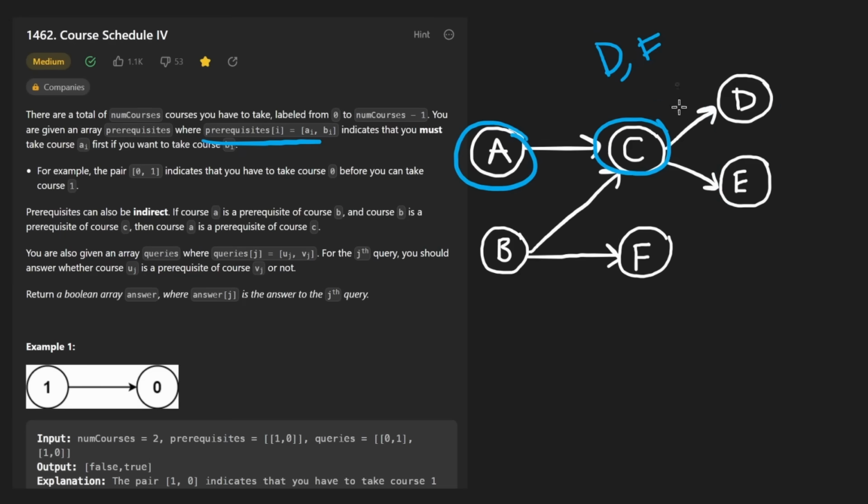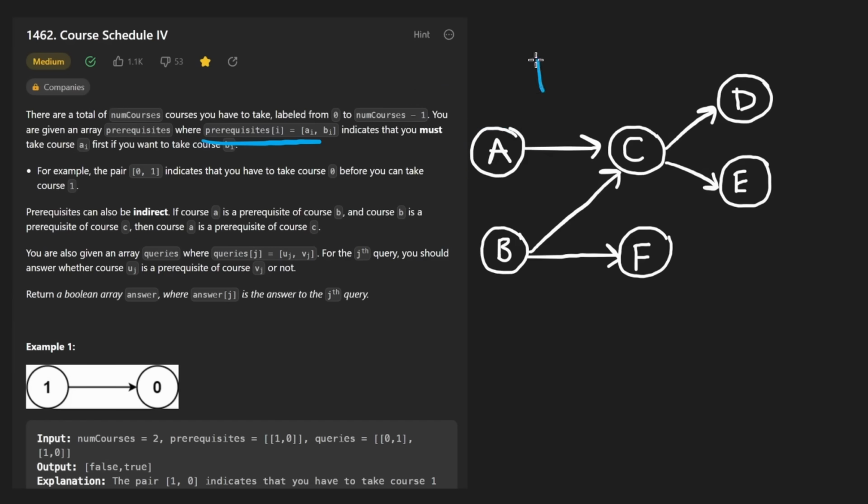So now these are the prerequisites of C, but what we're going to return to our parent A is going to be D and E and the node here itself, which is C. So these are the three nodes we're going to return to the parent here, A. Now A's indirect prerequisites are going to be these three nodes. And A would return up to its parent, but it doesn't really have one.